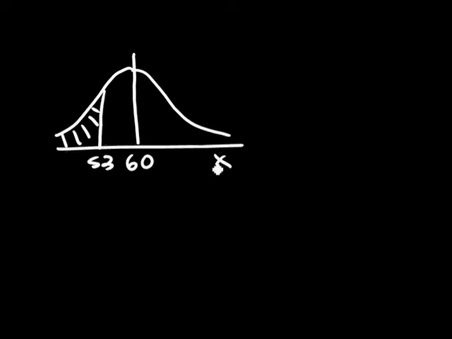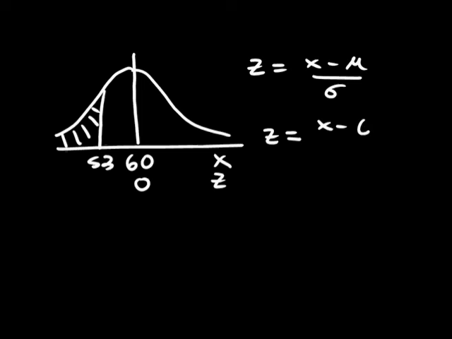We're going to have to convert these x values to z values using the conversion formula, x minus mu over sigma. Now in this case, mu is 60, sigma is 4. Notice if I replace x with 60, 60 minus 60 is 0, and 0 over 4 is 0.